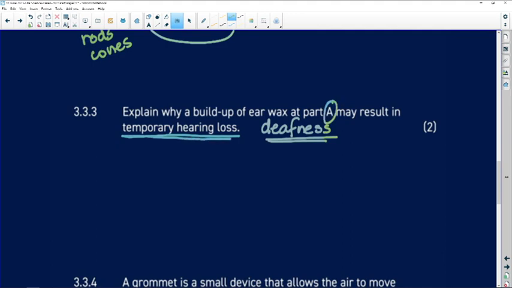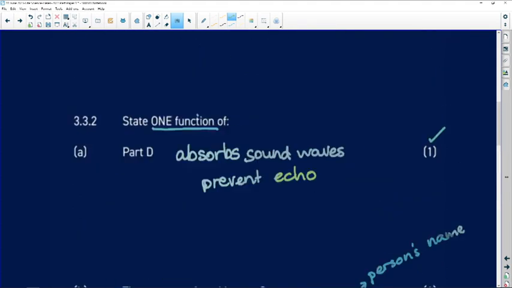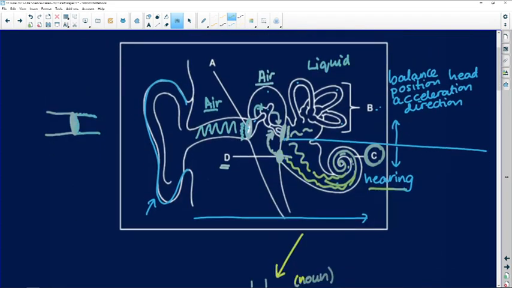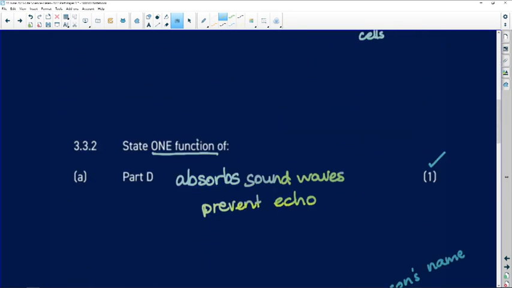Let's go and look on our picture for where part A is. All right, so here we go. Here is part A. And if we say that there's going to be a build-up of earwax around here, what is going to be the consequence?